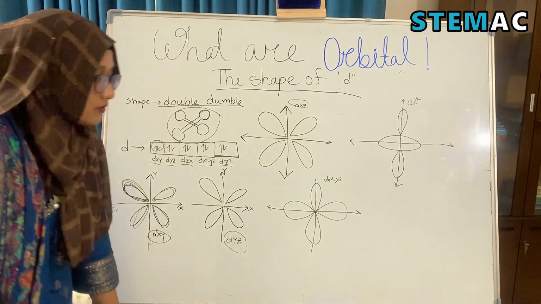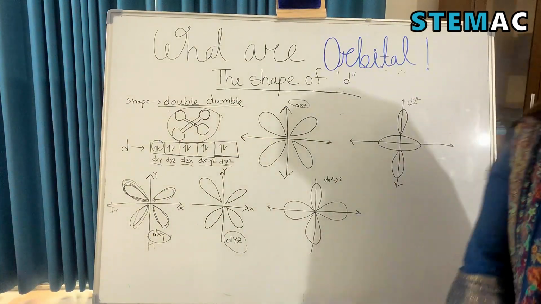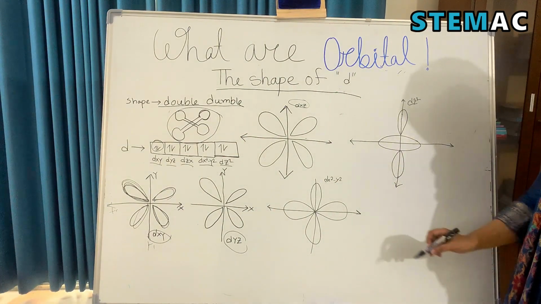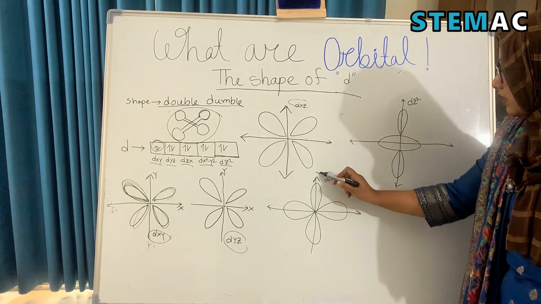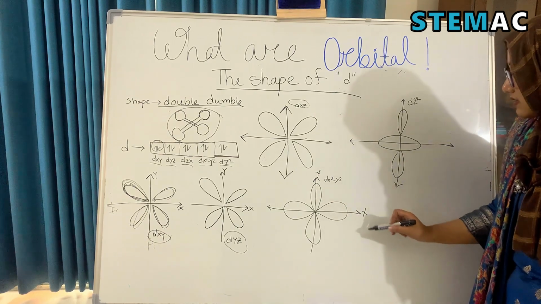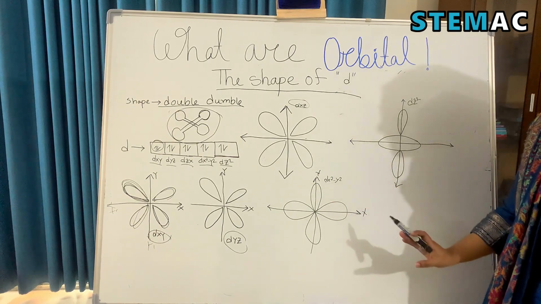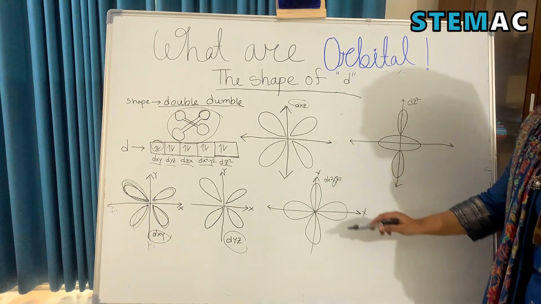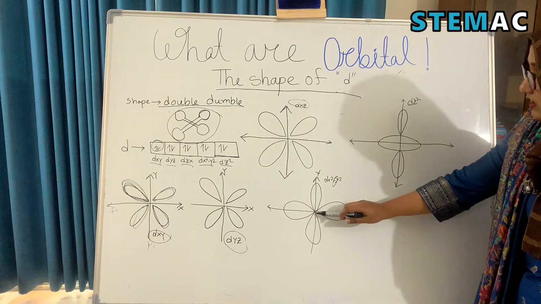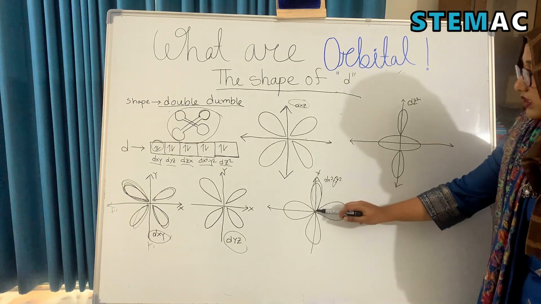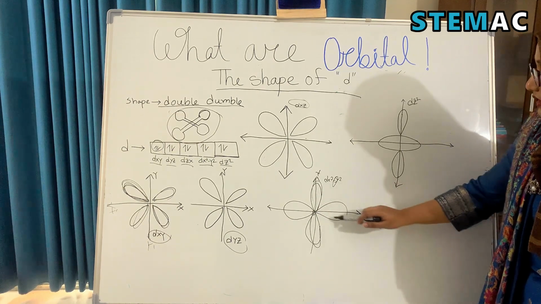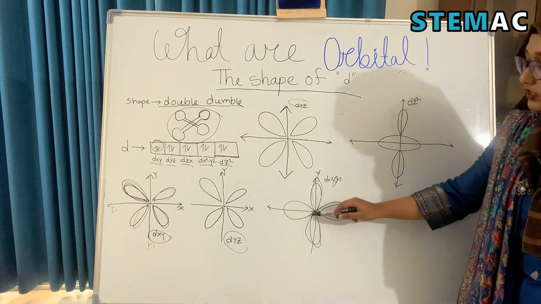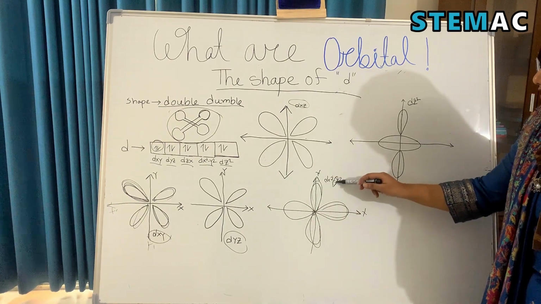But in case of dx square minus y square, we got something different. Here is the y axis, the x axis. So why does it have a different shape? You just need to know that the minus is causing the difference. So in the y axis we got a dumbbell, in the x axis we got another dumbbell, and that happened because of this minus.